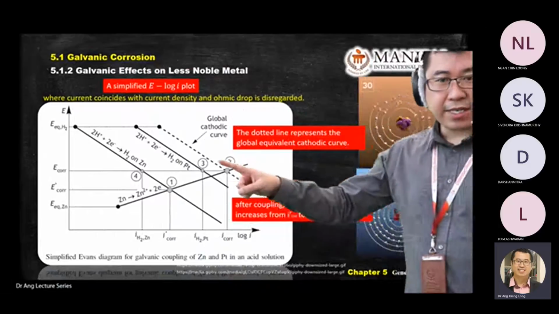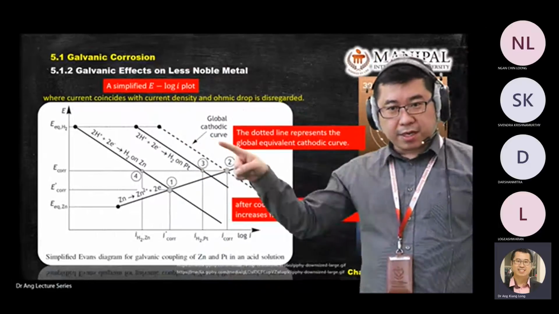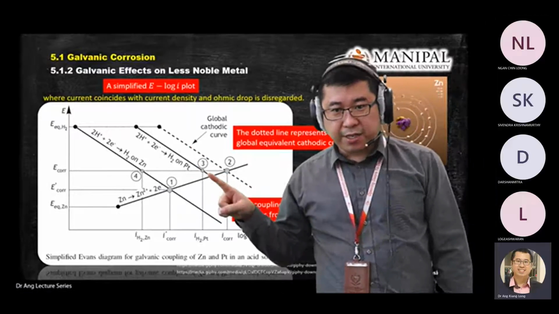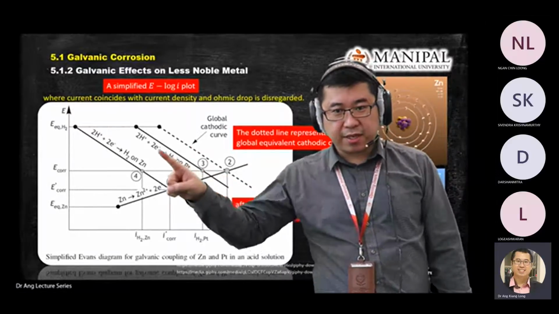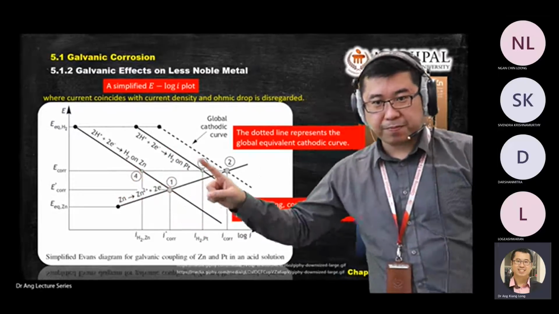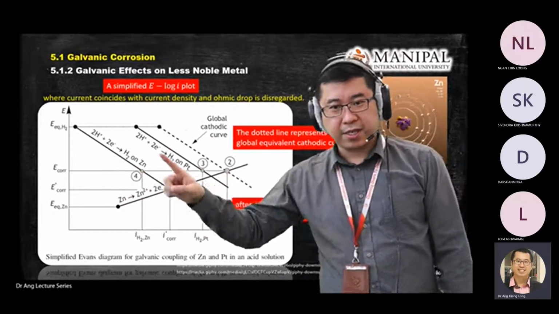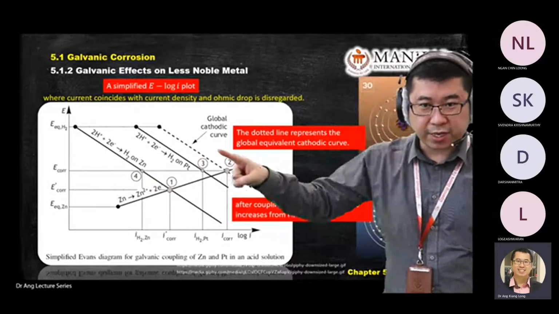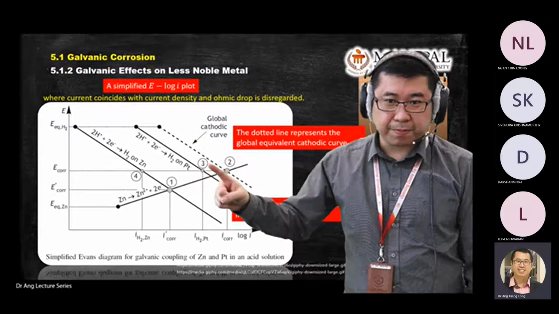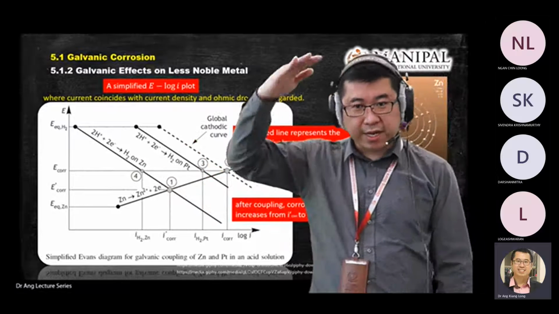It just tells you this is the condition. As you can see, this dotted line has the same gradient as all the cathodic processes here. You can see the gradient of the dotted line is parallel to the platinum and the zinc at the higher nobility.